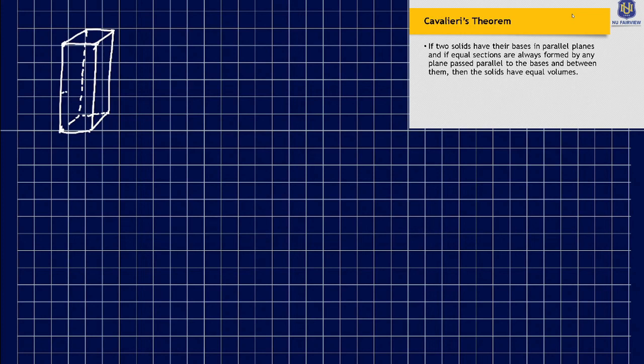Yung may dadaang plane. So, sabihin natin may section na nabuo dito. Yan yung section nyo. Yung solids between them have equal volumes. Okay? So, ito at saka ito, equal lang yung kanyang volume. So, yun po ang definition ng ating Cavalieri's theorem.